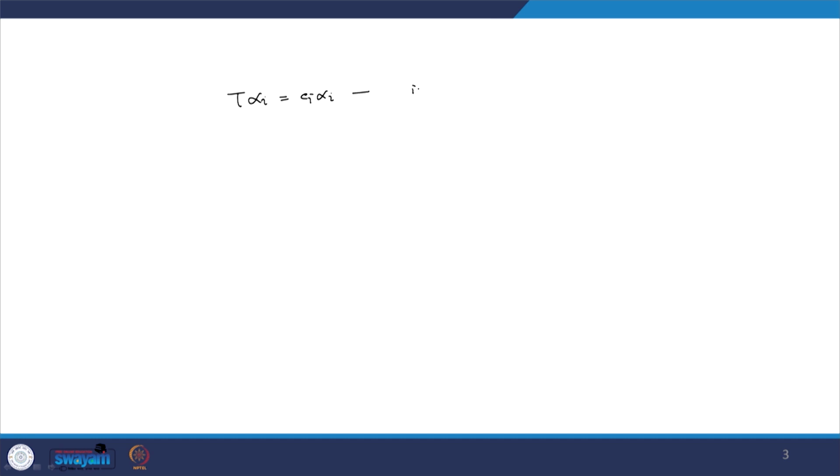This is true for i equal to 1 to n. Let the matrix representation of T with respect to this basis be D, equal to the diagonal matrix with c1, c2, up to cn on the diagonal and 0 elsewhere.